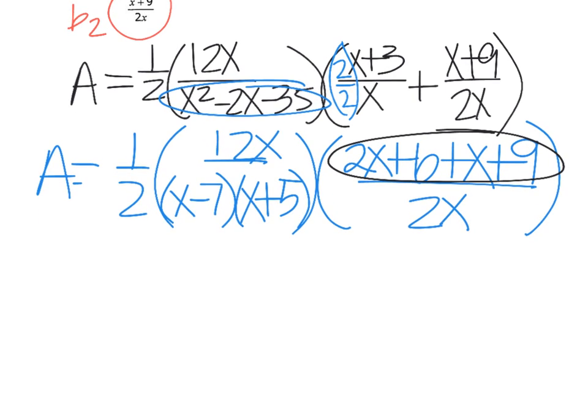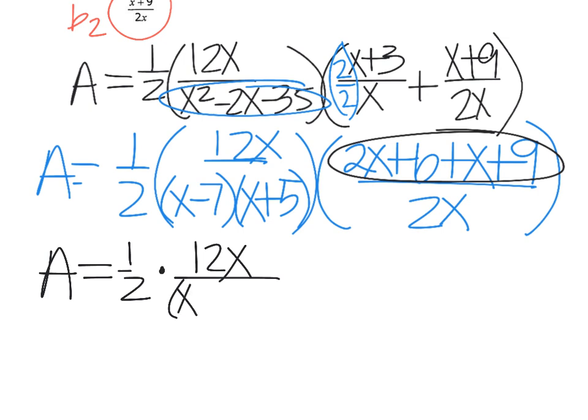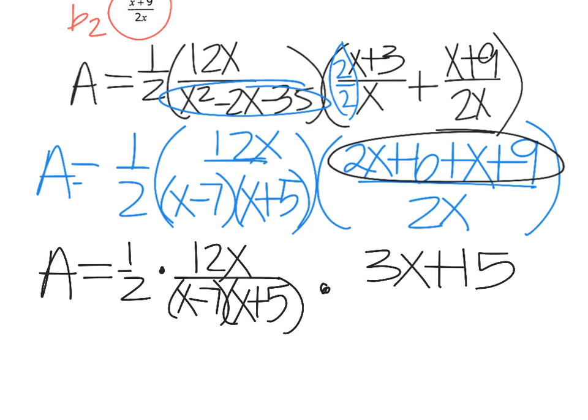So, we get, starting from the left, moving to the right, area equals 1/2 times 12x over x minus 7, x plus 5, times we've got 3x plus 15 over here, over 2x.